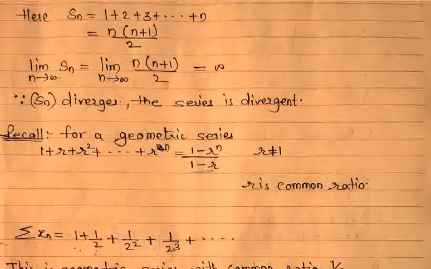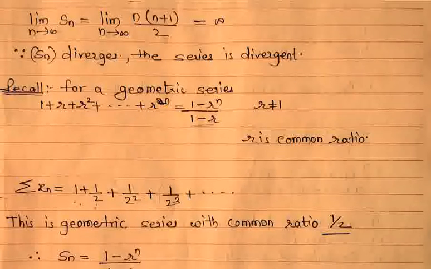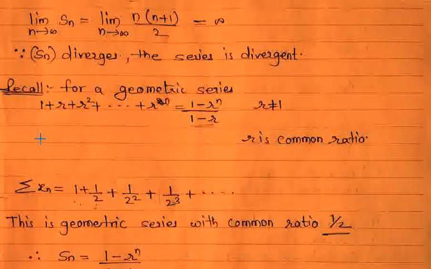For a geometric series, 1 plus r plus r squared up to r to the n, the sum is (1 minus r to the n) divided by (1 minus r). So the first term is a, which is 1, and the common ratio is r.